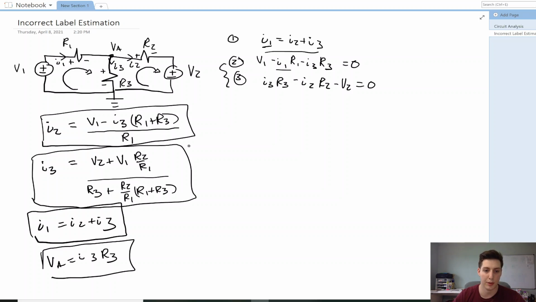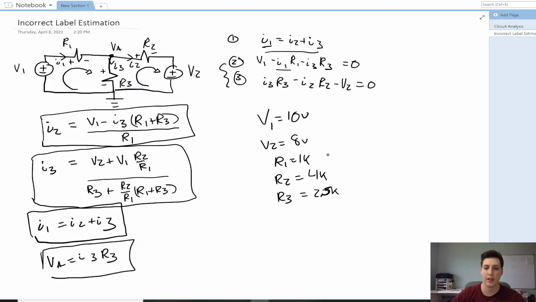But if we plug in the same values as before, which were V1 equals 10 volts, V2 equals 8 volts, R1 equals 1K, R2 equals 4K, and R3 equals 2.5K, what we will actually find now is that for I2, it will equal minus 0.178 milliamps.